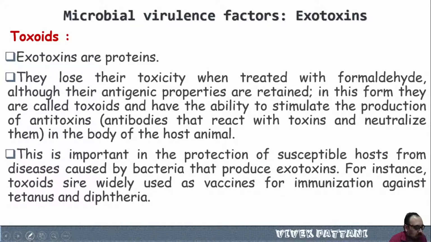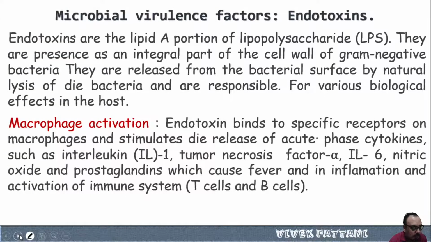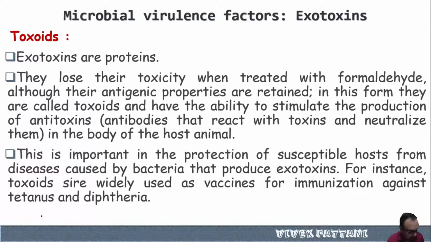Meanwhile, in these toxins, the A portion will basically inhibit protein synthesis. I already discussed the toxoid point, so I'm just going to move forward with the endotoxins. But before moving forward with the endotoxins, let me discuss the concept of superantigens.